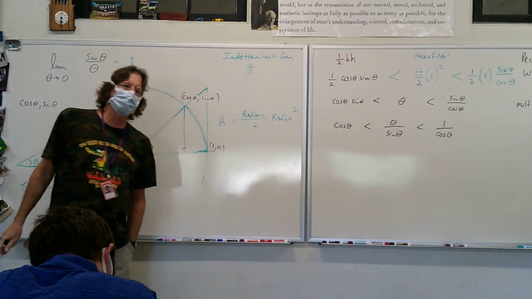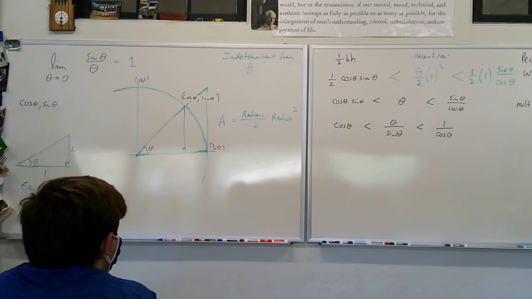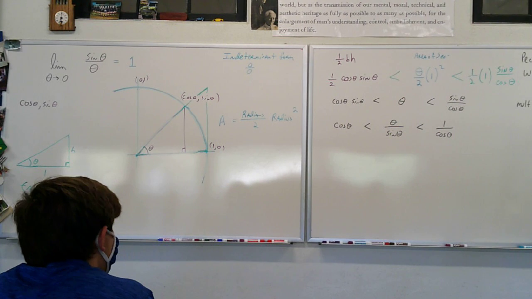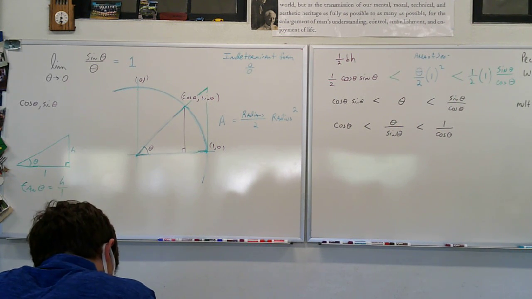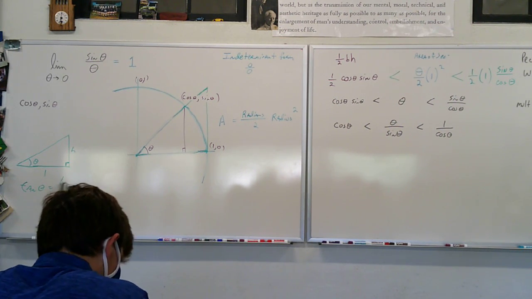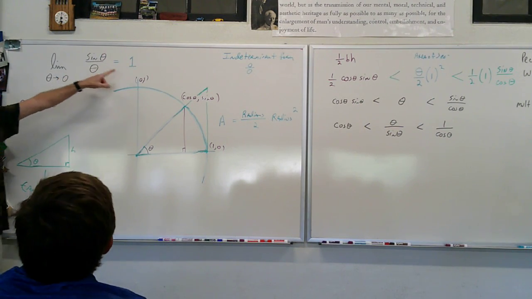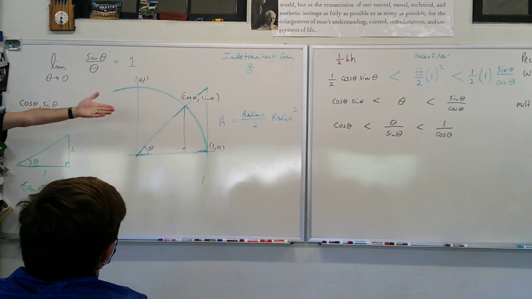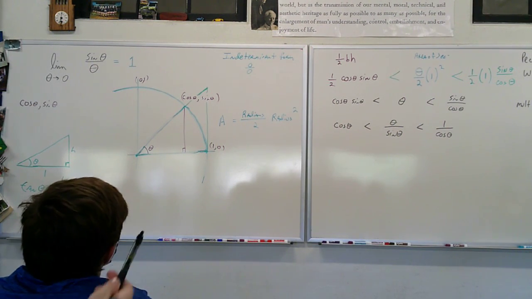And someone tell me something you see that looks important. What part of that looks kind of important to you right now? Remember, what are we trying to prove? We're trying to prove this equals what? 1. Look over there and tell me what you got that's close to it. The middle. Yeah, theta over sine theta.